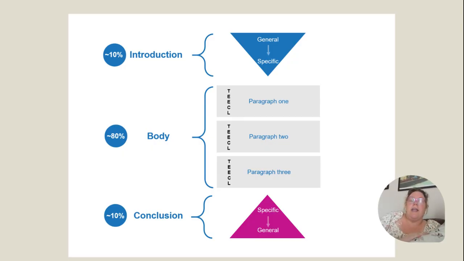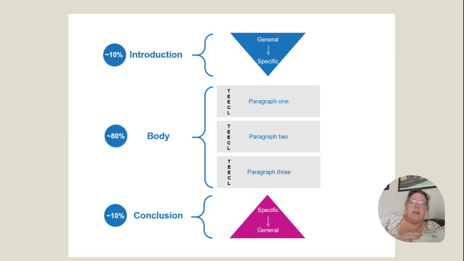So introduction goes from general to specific. So it goes from very broad to very narrow. So you start off with your hook, which is generally broad, and then you narrow it further by talking about your thesis. And then it goes very narrow to the point of bringing up your main points.